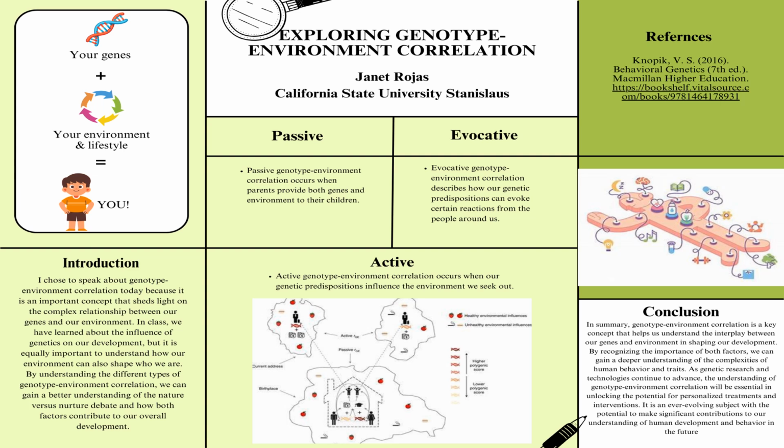As genetic research and technologies continue to advance, the understanding of genotype-environment correlation will be essential in unlocking the potential for personalizing treatments and interventions. This topic is continuously evolving and has the potential to significantly enhance our understanding of human development and behavior in the future.